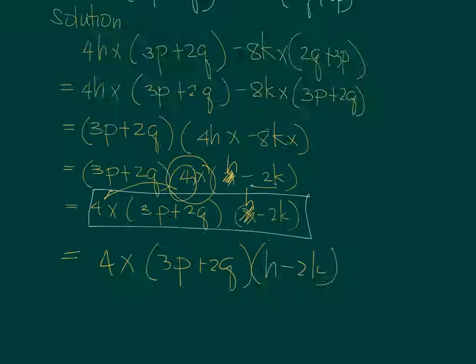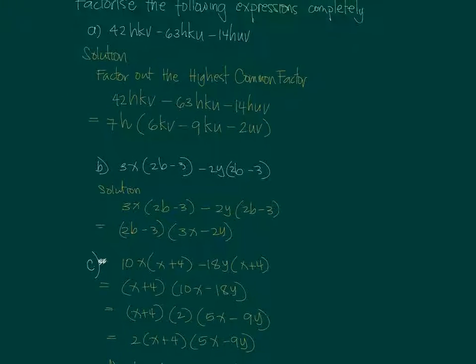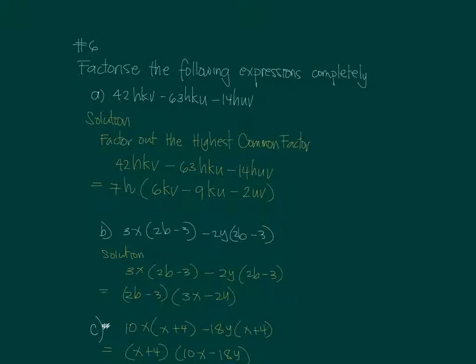Okay, so each item is actually a special case. So you have seen how to factor each type of expression. You have letter A, you just have to inspect what is a common factor for the numbers and for the letters.